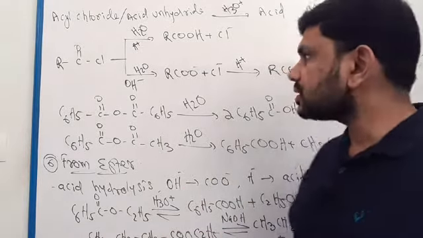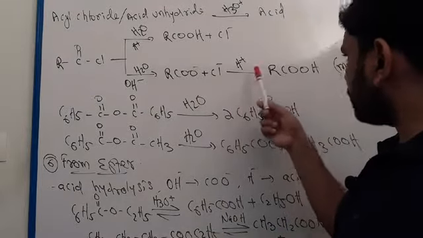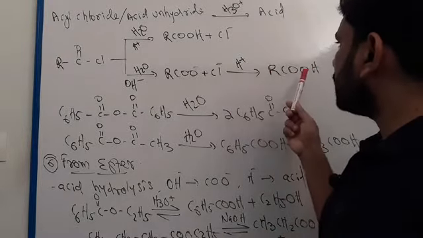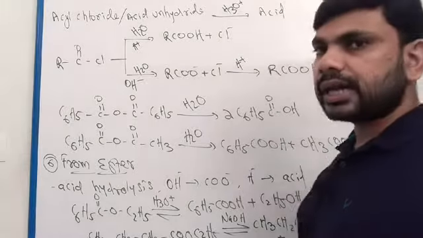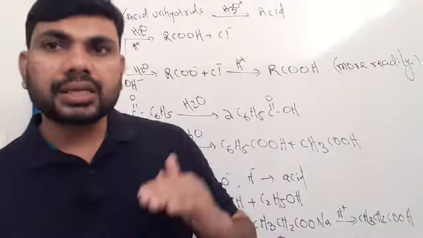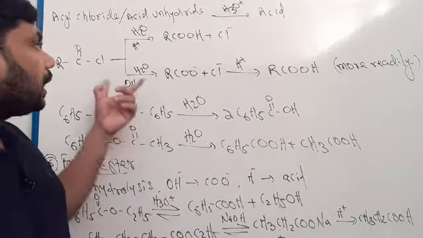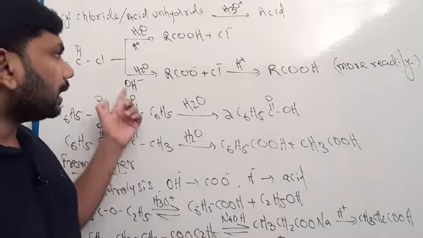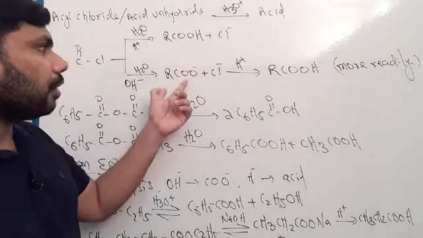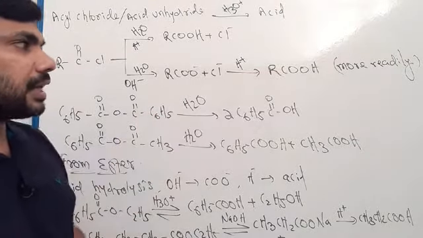This carboxylate ion, after acidic hydrolysis, produces carboxylic acid. So here acyl chloride after acidic hydrolysis produces carboxylic acid directly, and with alkaline hydrolysis the carboxylate ion forms, and on further hydrolysis produces carboxylic acid.